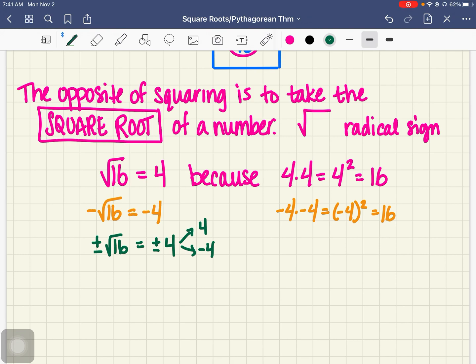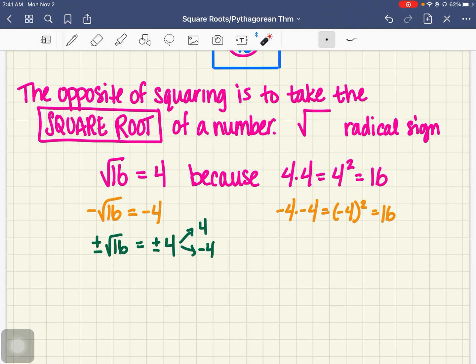It's another math shortcut because math people are lazy. They come up with symbols. So just use the symbol whenever you see it. If there's a plus sign out front or nothing out front, positive answer. Negative sign out front, negative answer. If you see that plus minus sign, just write it as plus minus. You don't even have to write these out here. Just plus minus in front, and that would be fine.